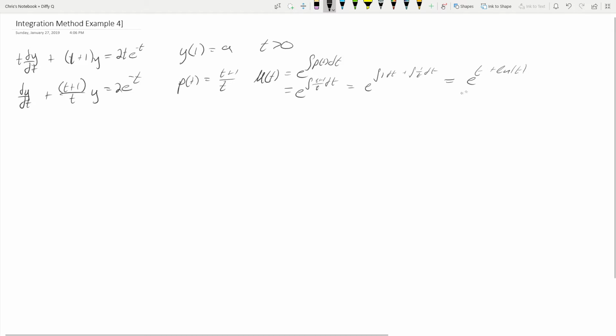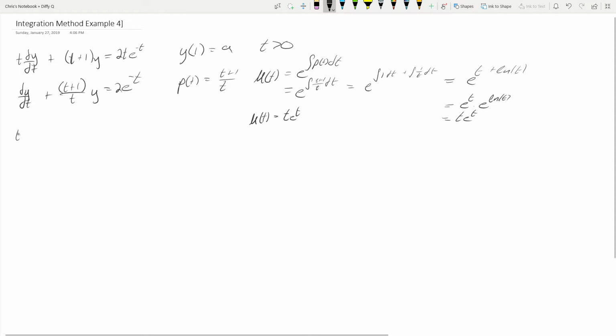And since that's a plus, that is the same thing as e to the t times e to the ln of t, and that is going to be t e to the t. So that is our mu of t is equal to t e to the t. So we're going to multiply everything by mu of t.